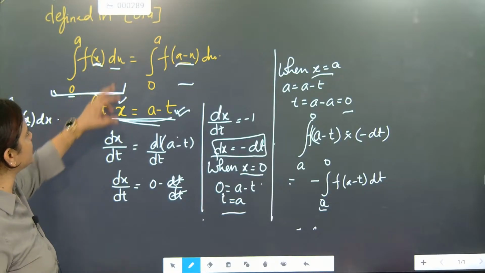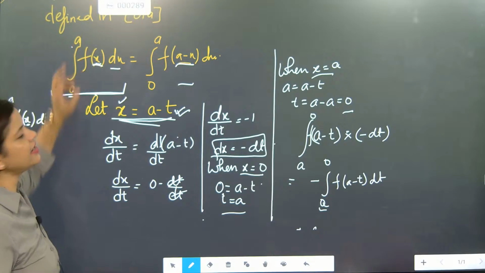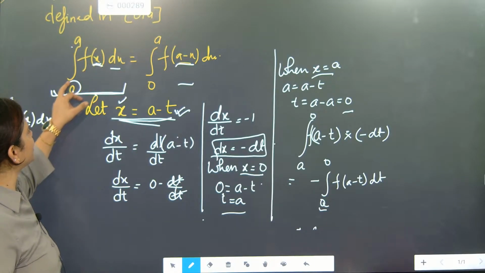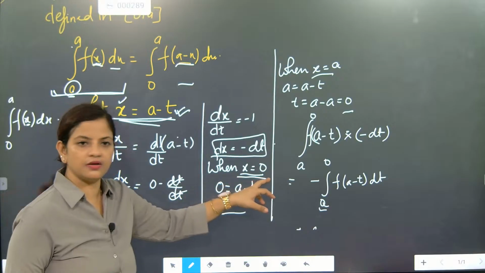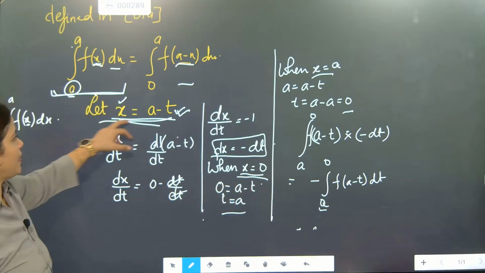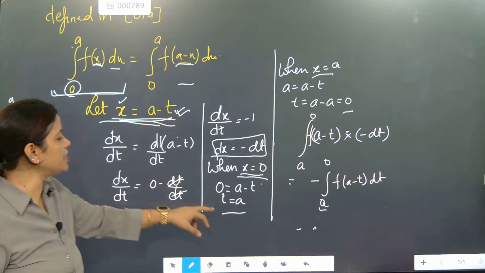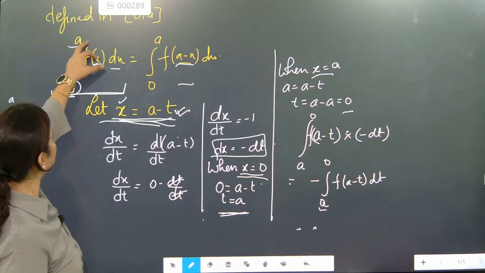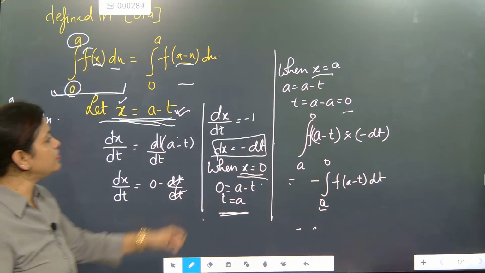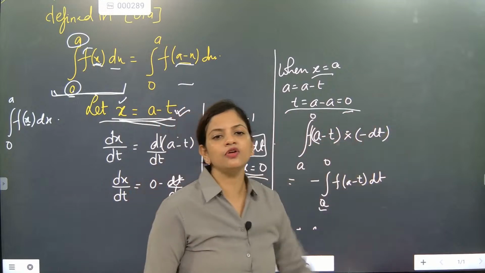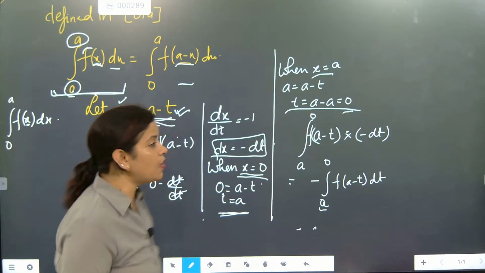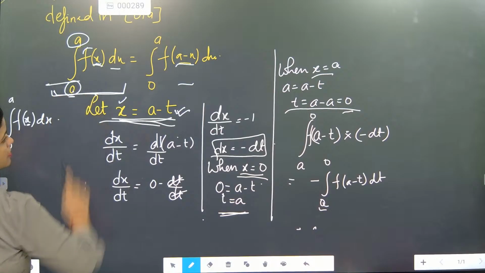Now here also we have to change the lower limit and upper limit. One time x is equal to 0 we substituted, in this part. So when you substituted, what is the value of t coming? a. Then we substituted x equal to a. When you substituted x equal to a, what is the value of t coming? 0.